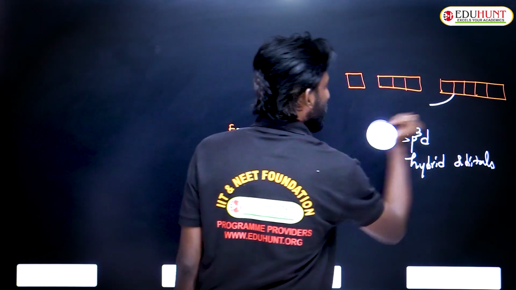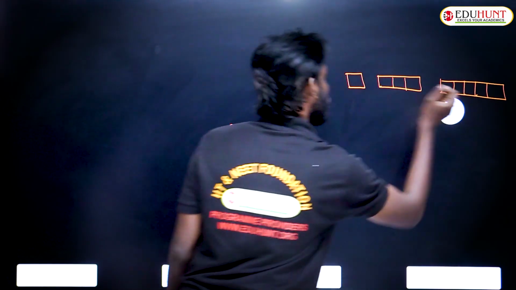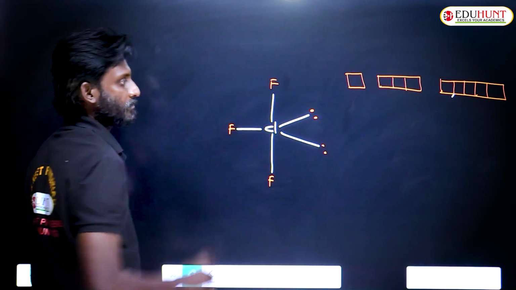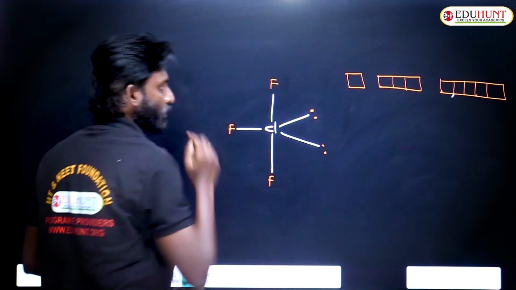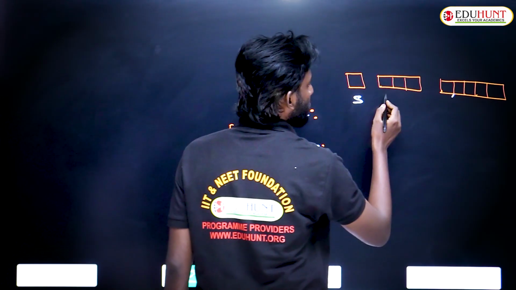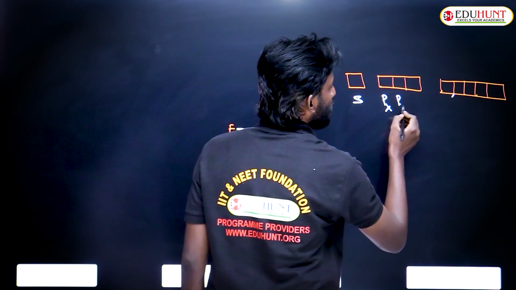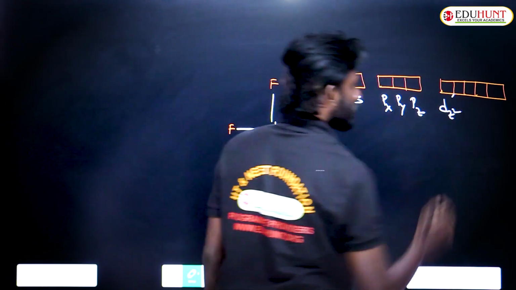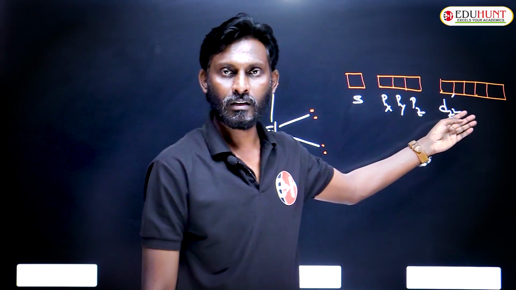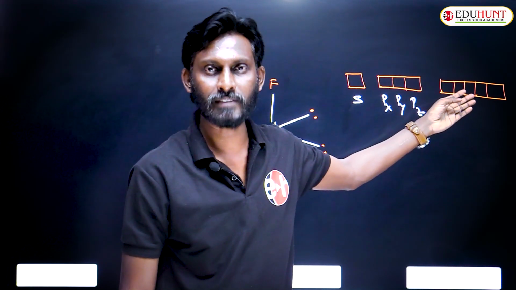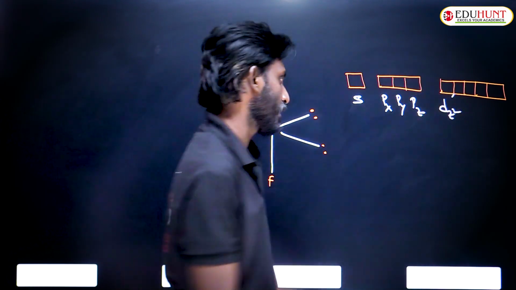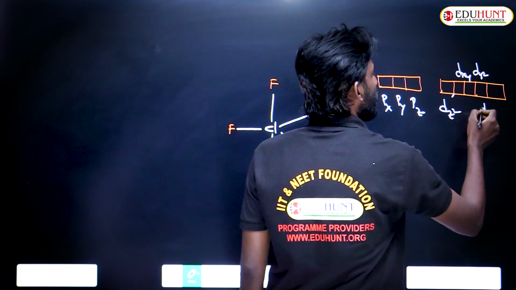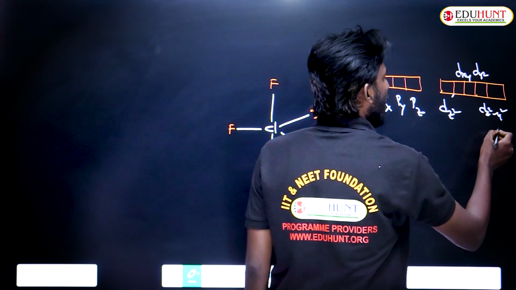What happens here is, to form 3 equatorial positions, let us say this is S, Px, Py, Pz, and let us say this is dz square. I hope you know the rest of the d orbitals: dxy, dyz, dx square y square, and dz square.